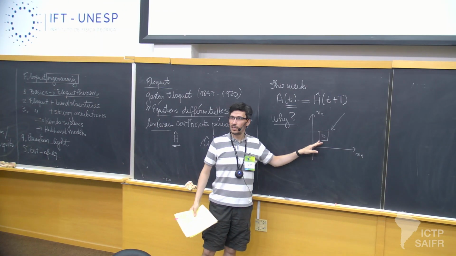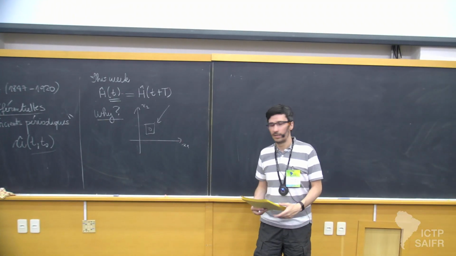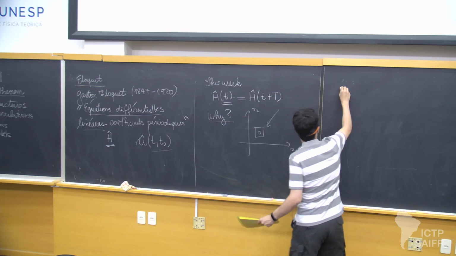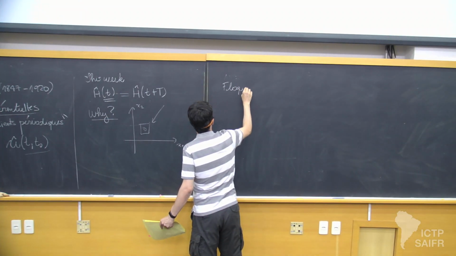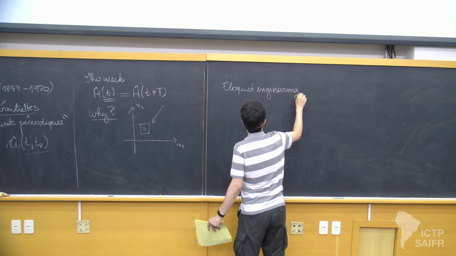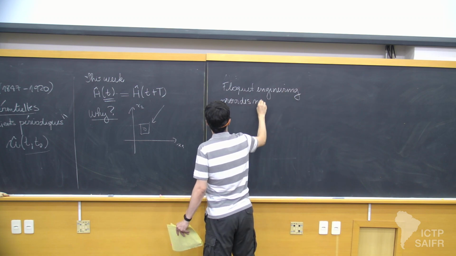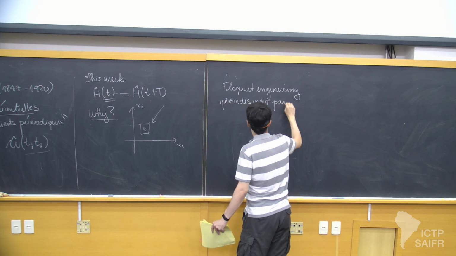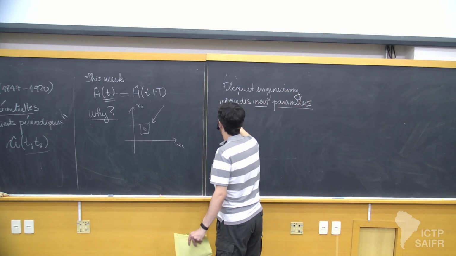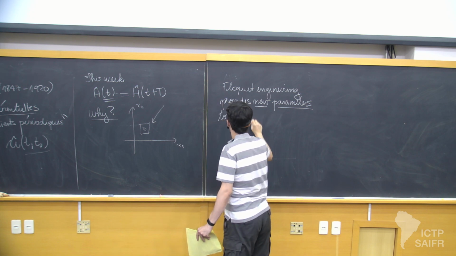And we are going to see that the proposal of this course will be exactly that. We are going to find new parameters. So Floquet engineering provides new parameters to probe phases of matter.